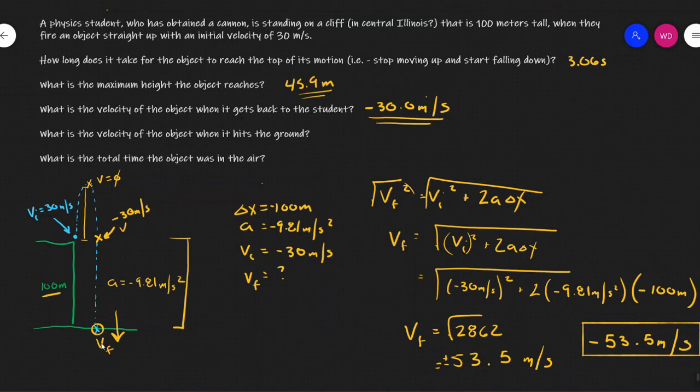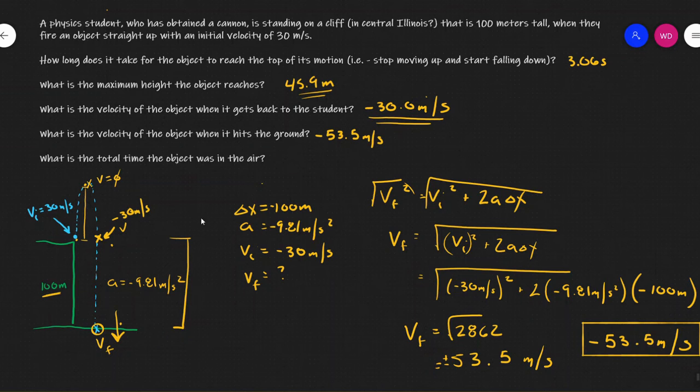So now we have V final. We have everything here except for time. Let me write this over here: minus 53.5 meters per second. The only other thing it asks us for is what is the total time. So that would be the time from here to the top, from there back to where it started, and then this last time. We solved for the time up, right?